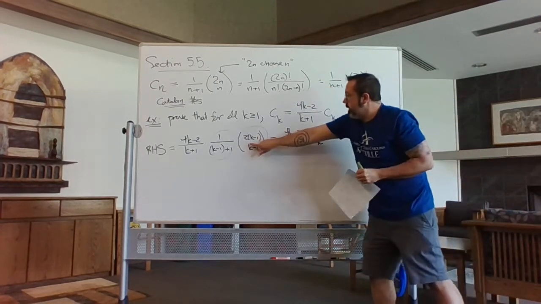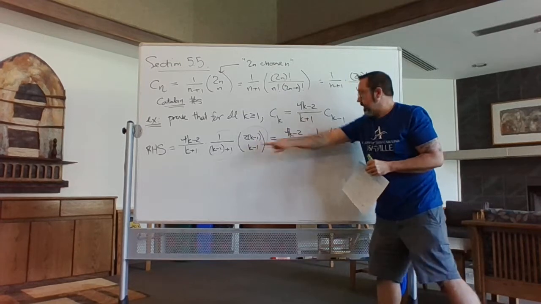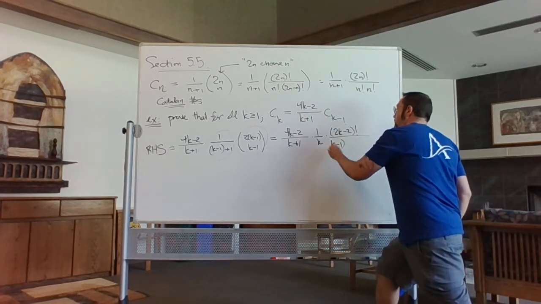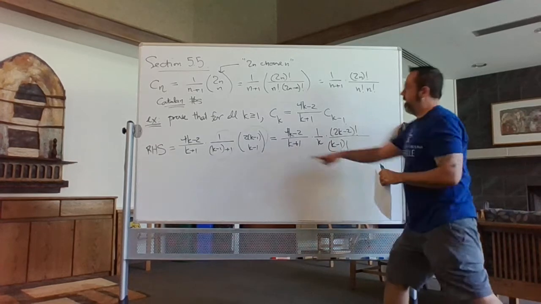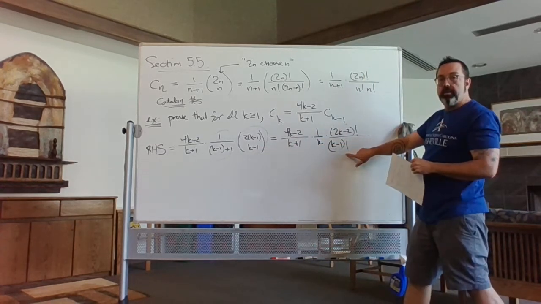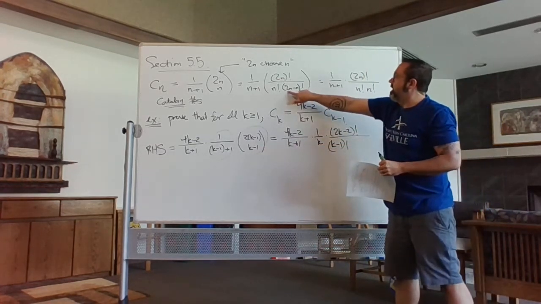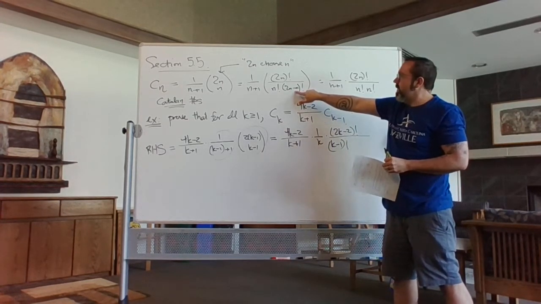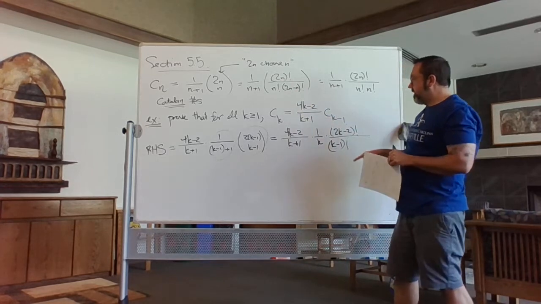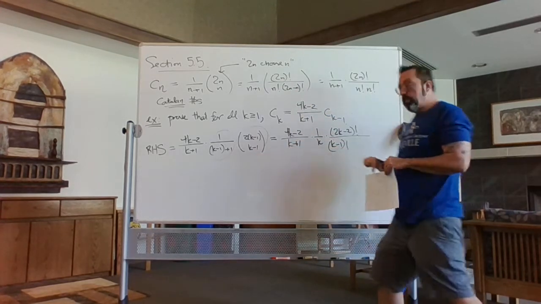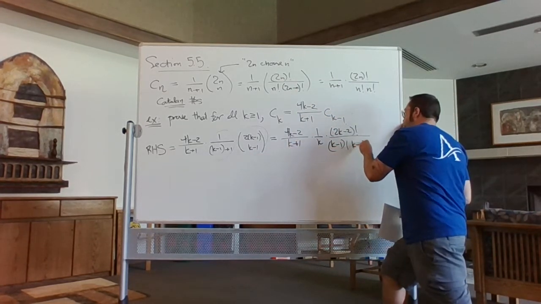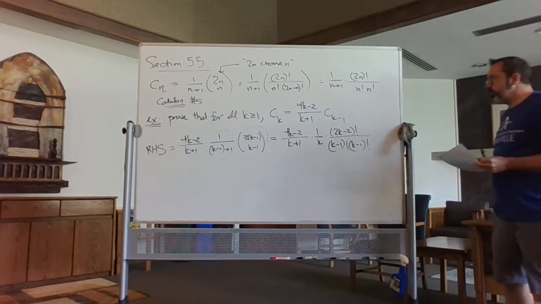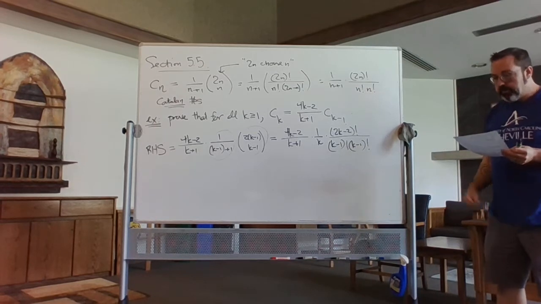I get a (2k minus 2) factorial, I just distributed that 2, divided by (k minus 1) factorial, times, see here this is 2n minus n, but another way of writing that was just n factorial. But in this case, of course, it's going to be (k minus 1) factorial. So I get a second (k minus 1) factorial there. Okay, so far so good.